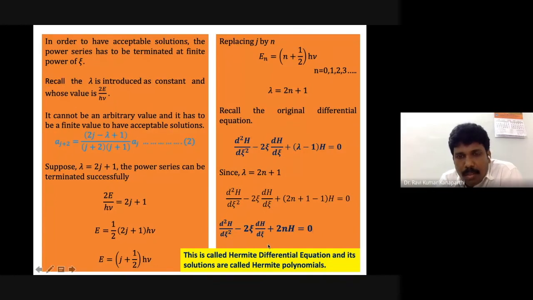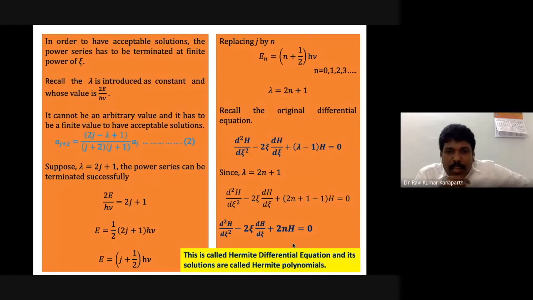So the story is not over, it still continues. The story is that we are very much interested in finding h of z. If we know h of z, we can replace it in the expression for the total wave function, which is a product of h of z multiplied by e to the power minus z square by 2. What we have done so far today is try to get acceptable solutions for h of z.